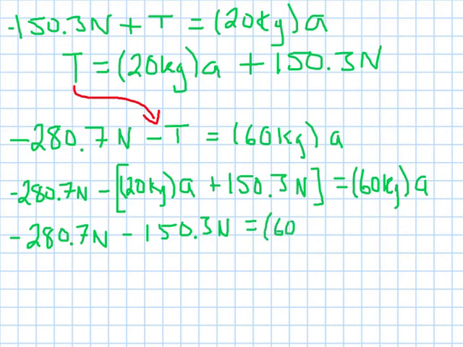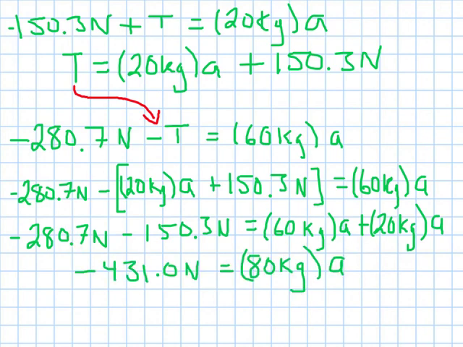So I've already got, over on the right-hand side here, 60 kilograms times acceleration, and then I add to that 20 also times acceleration. Now I just need to combine these numbers. And with combining those like terms, I'm ready to solve for the acceleration. Now I notice that I have a negative sign on the left-hand side of the equals sign, but no negative sign on the right-hand side.